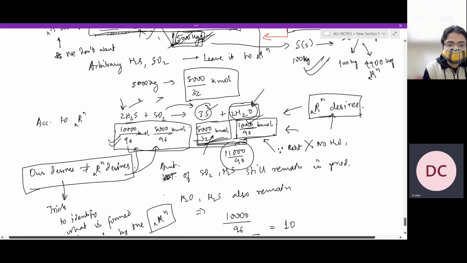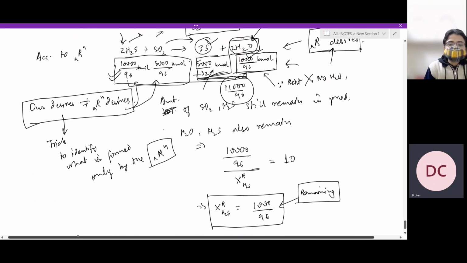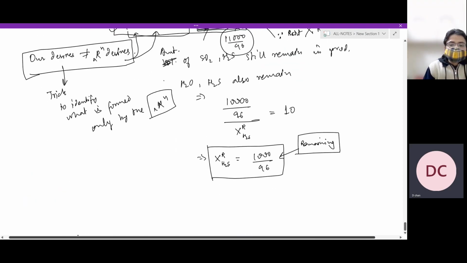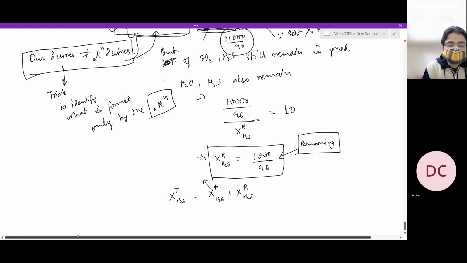So this implies the total number of H2S moles would be X star H2S plus X R H2S. Let's say this X star is the amount that has reacted, right?